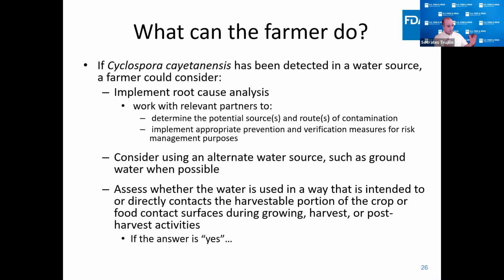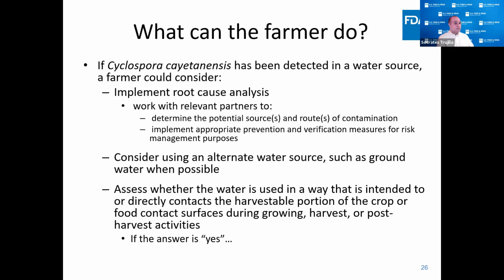And again, if there's an area where Cyclospora cayetanensis has been detected and potentially from water, identify where that source could happen, right? Is it an ongoing source? Is it because my water is constantly being contaminated with human feces? Is it possible there was a single occurrence?